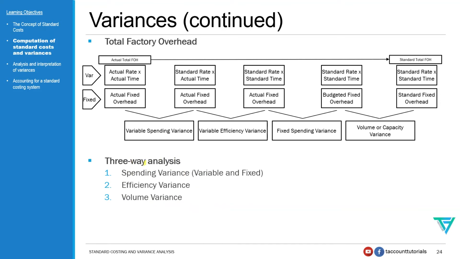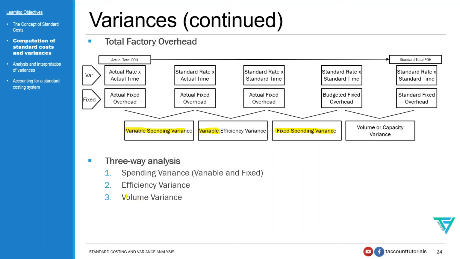The next way of analyzing all of these is through the 3-way analysis, which has the spending variance, which has a variable or fixed component. Here they are. And secondly, we have the efficiency variance, which only pertains to variable factory overhead. We won't be having any efficiency variances or any efficiency analysis with regard to fixed overhead, right?